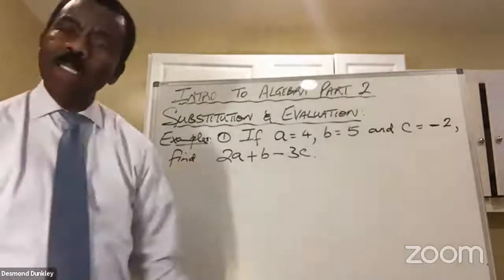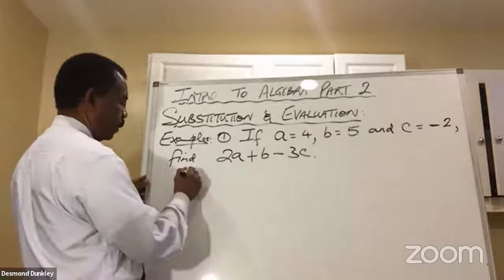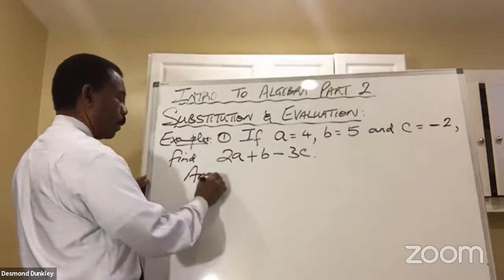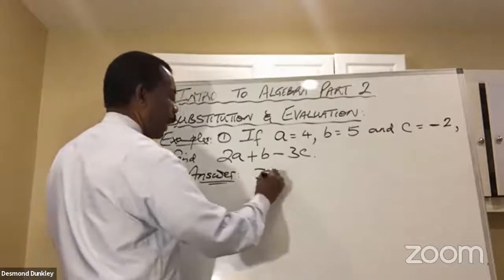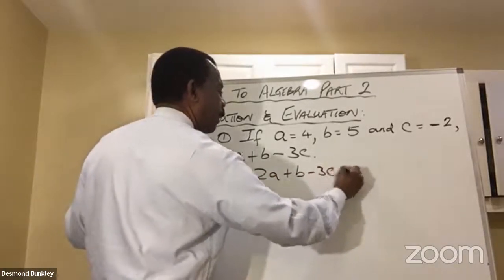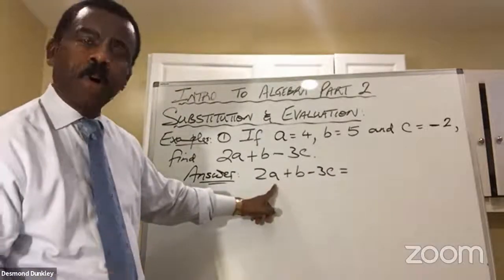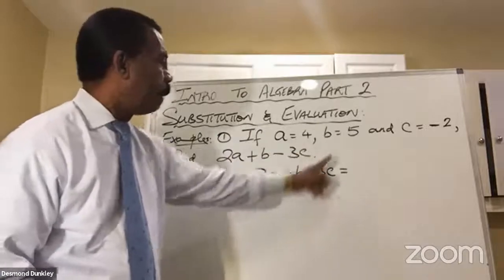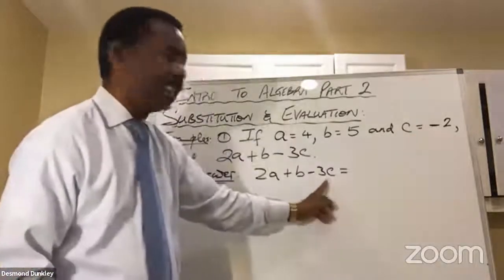What is this expression equal to? And this is how we work this out. 2A plus B minus 3C is going to be obtained by plugging in 4 wherever I see A, 5 wherever I see B, and negative 2 wherever I see C.